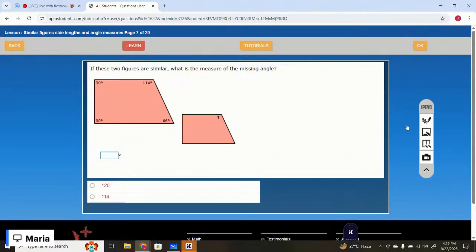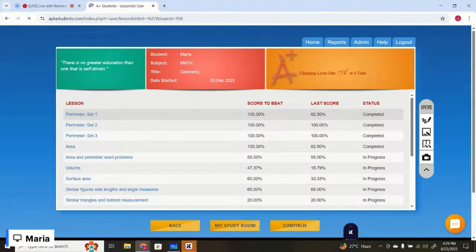That is 114 degrees. Option number 2 is the correct option. Okay, you can complete the lesson by yourself later today. Let me just move on to the next lesson.